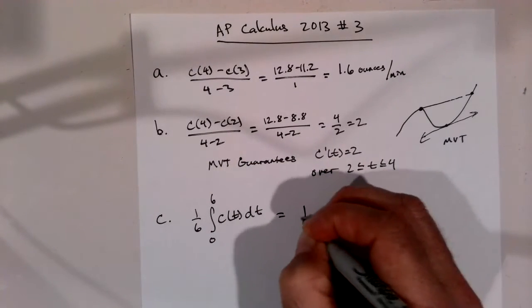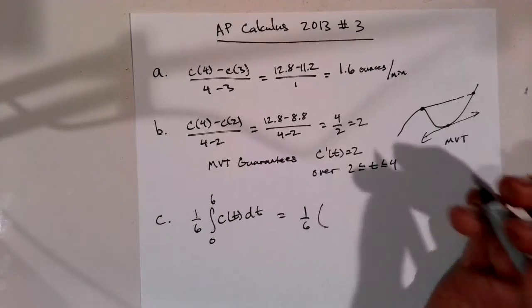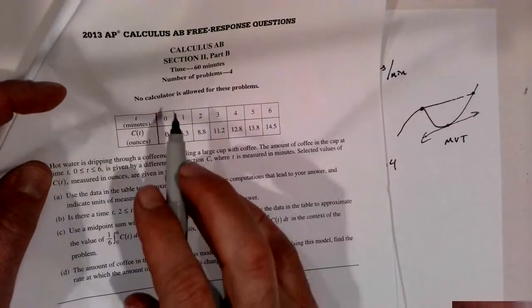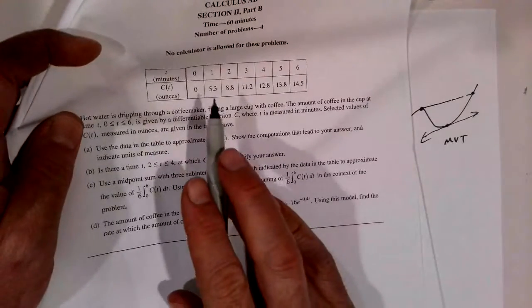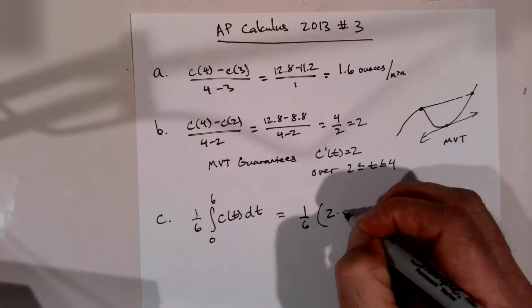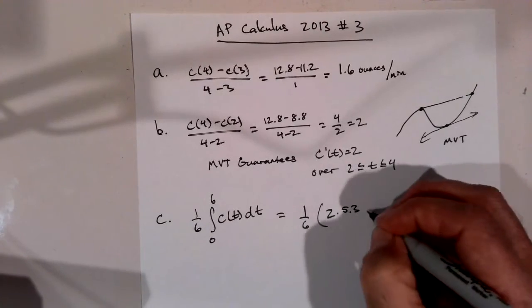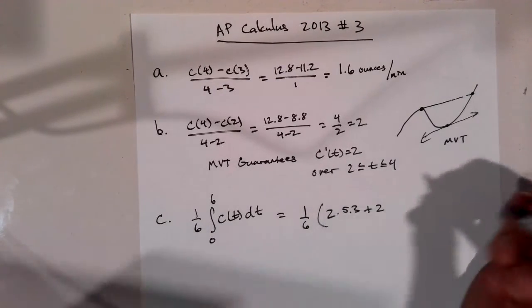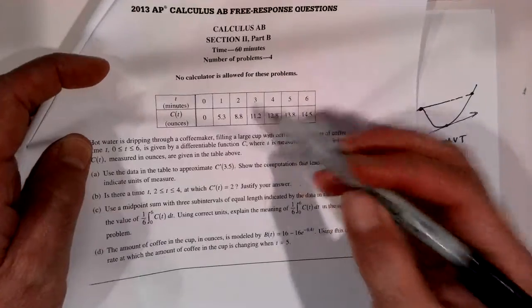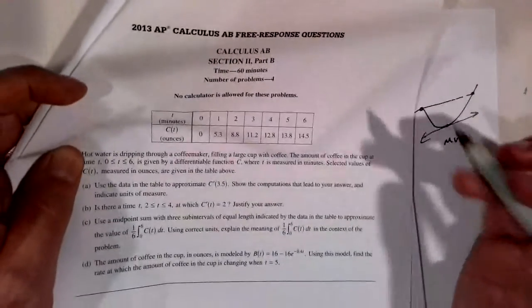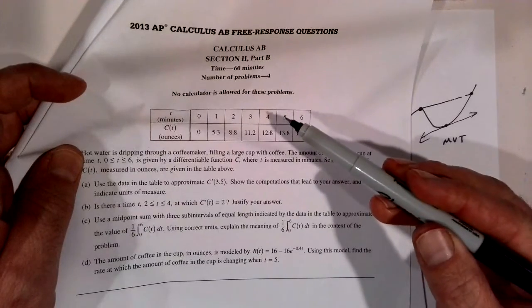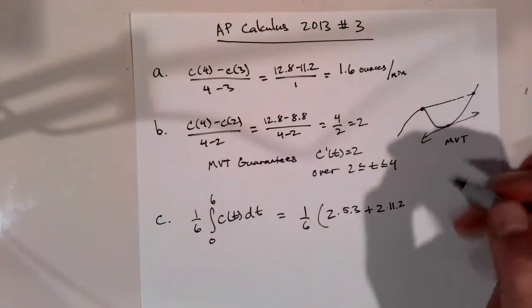So that's going to be 1/6 times the width, which is 2, and the height, which is 5.3, plus 2 times the height here, which is going to be 11.2. And then in this situation, we have a width of 2 and a height of 13.8.